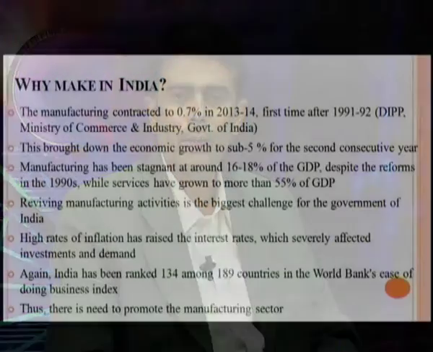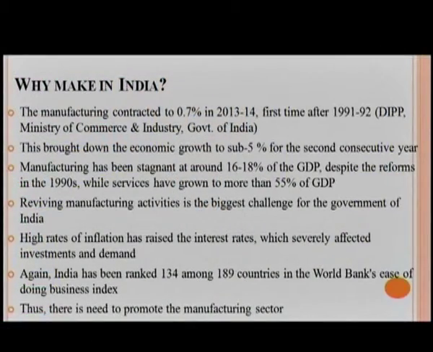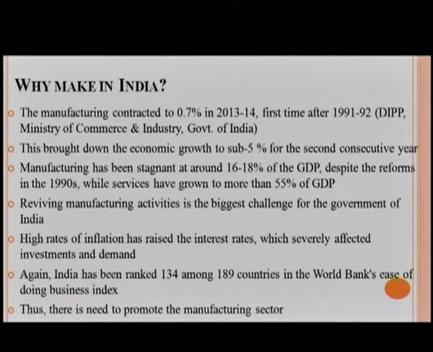Why was Make in India one of the focus areas? Because manufacturing growth contracted to 0.7% in 2013-14, the first time since 1991-92 that we had such a low level of manufacturing growth. This brought economic growth down to sub 5% for the second consecutive year.